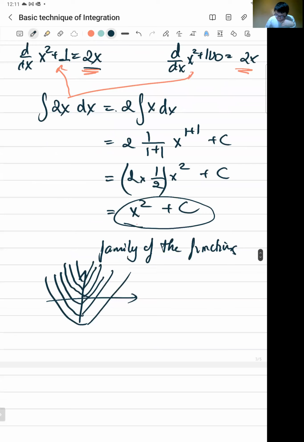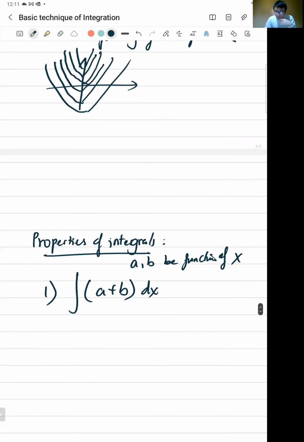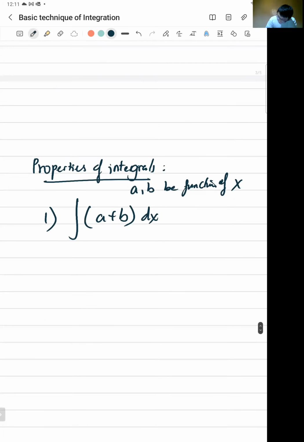If I ask you to integrate two functions of x added together, what I get is the integral of a plus the integral of b. You integrate individually, and then add them.